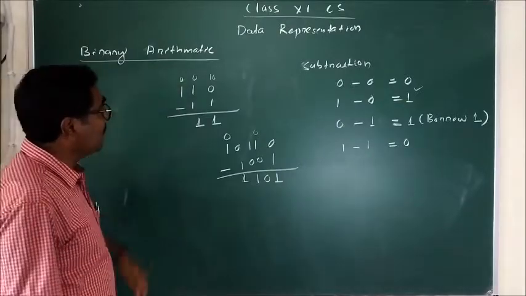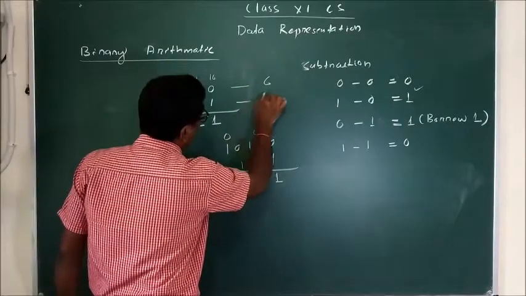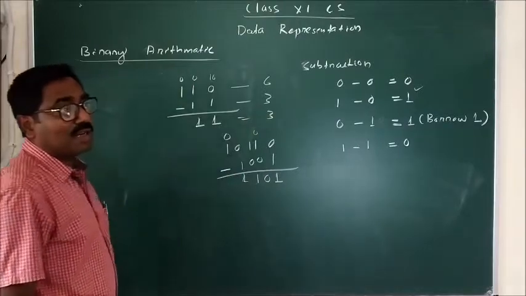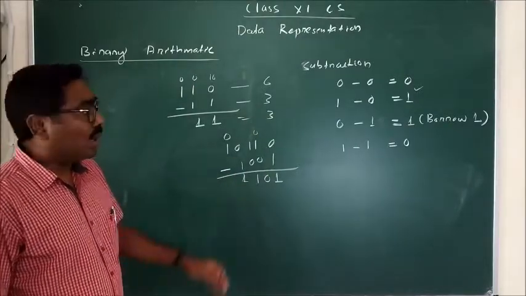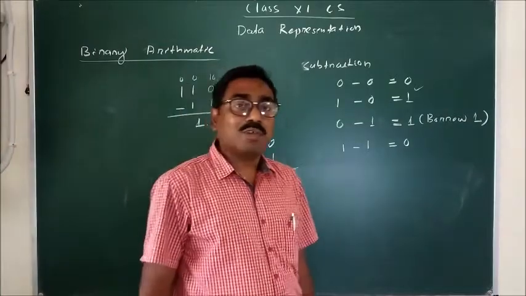Suppose I am taking the decimal equivalent of this. I just remember, for this you have to take 6 and this is 3. So 6 minus 3 is equal to 3. You can also verify your answer like this, whether it is correct or not. That's much for today.